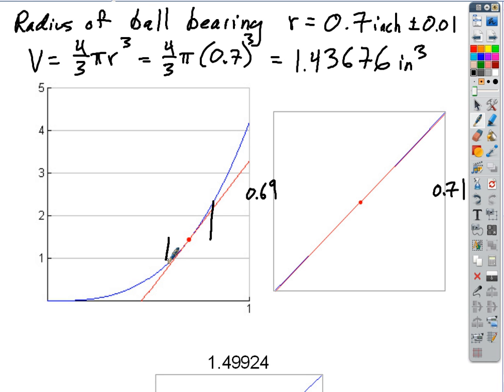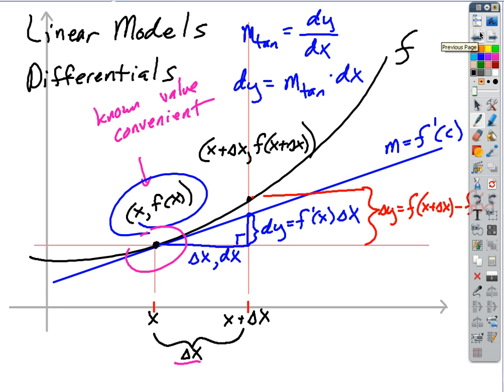Wouldn't it be nicer to just be able to say the volume is some number plus or minus something, right? We'd like to have a tolerance in there that's symmetrical about whatever our calculation is, okay? Now let me ask you the same question again about the blue line. If we go back to this example here, the curve is going to change by different amounts if I move to the right or the left by delta x, right? But the line, what about the line?